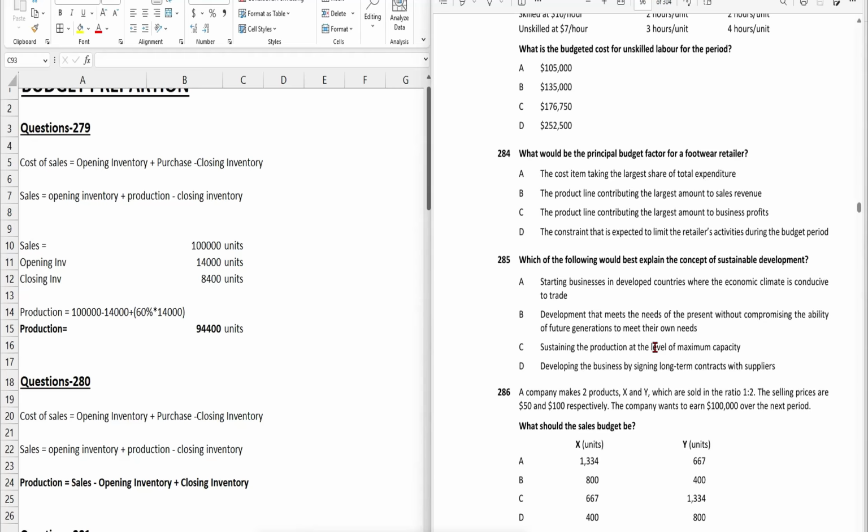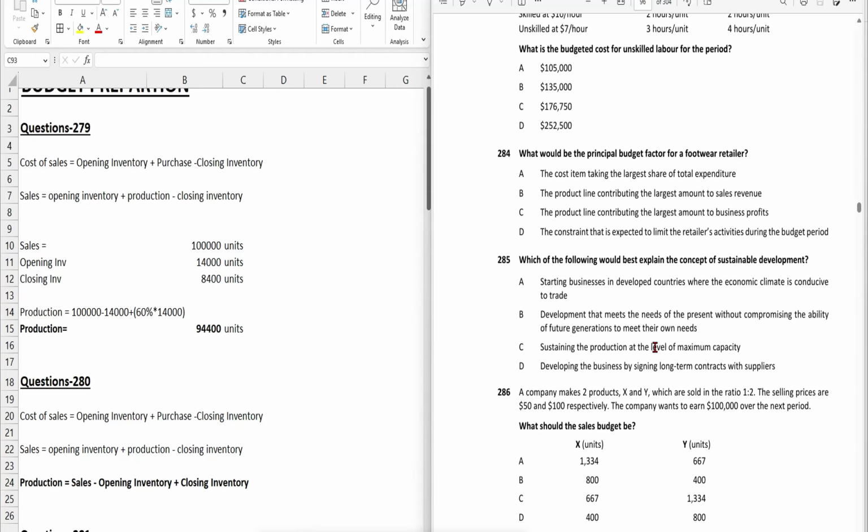285 is saying, which of the following would best explain the concept of sustainable development? First one is saying, starting a business in a developed country where the economic climate is conducive to trade. What do you understand by sustainable development?